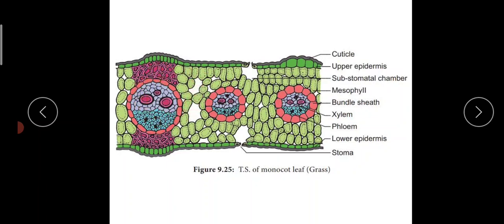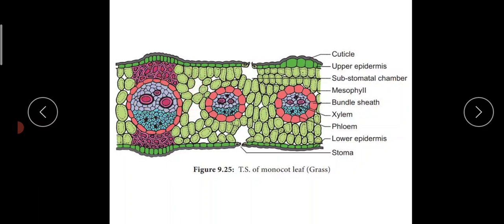So coming to the differences, please try to recollect the difference between a dicot leaf and a monocot leaf. First, dicot leaf is dorsiventral, whereas in monocots it is isobilateral. Then coming to the stomata, one thing I just skipped mentioning, that is about the number of stomata.